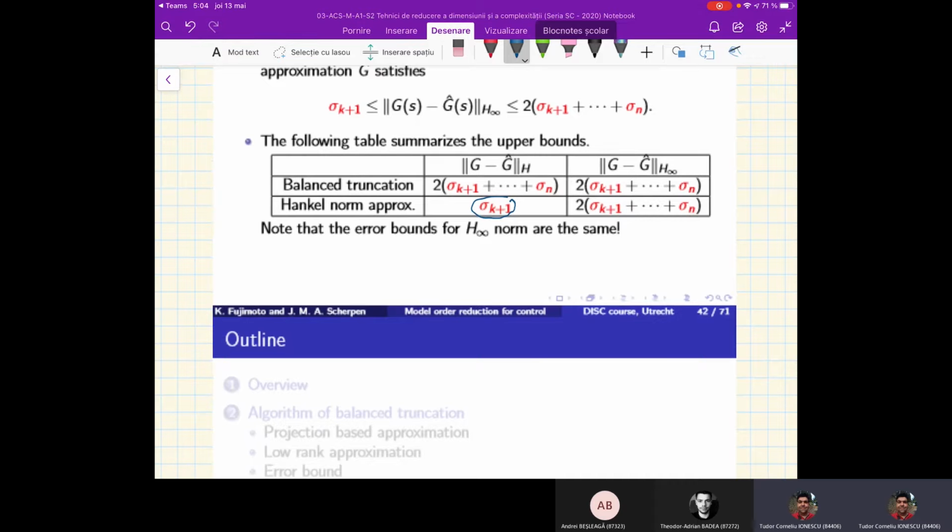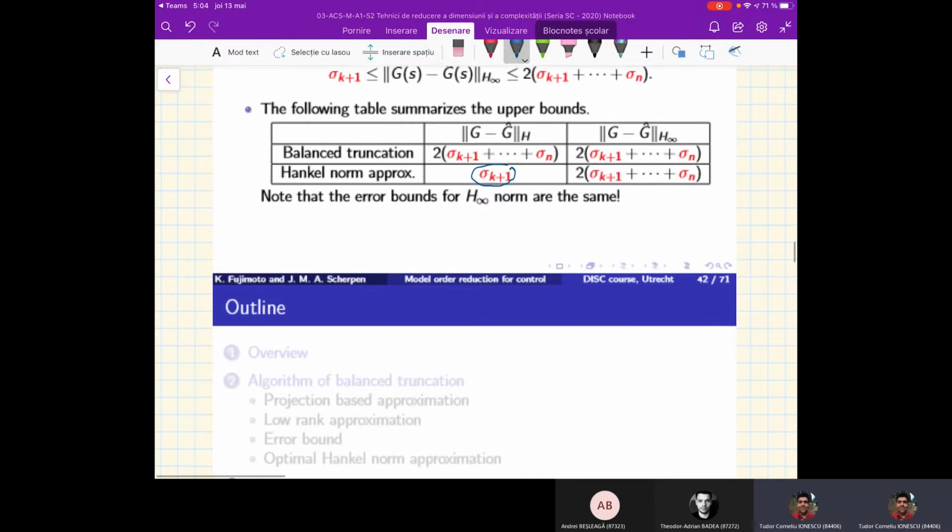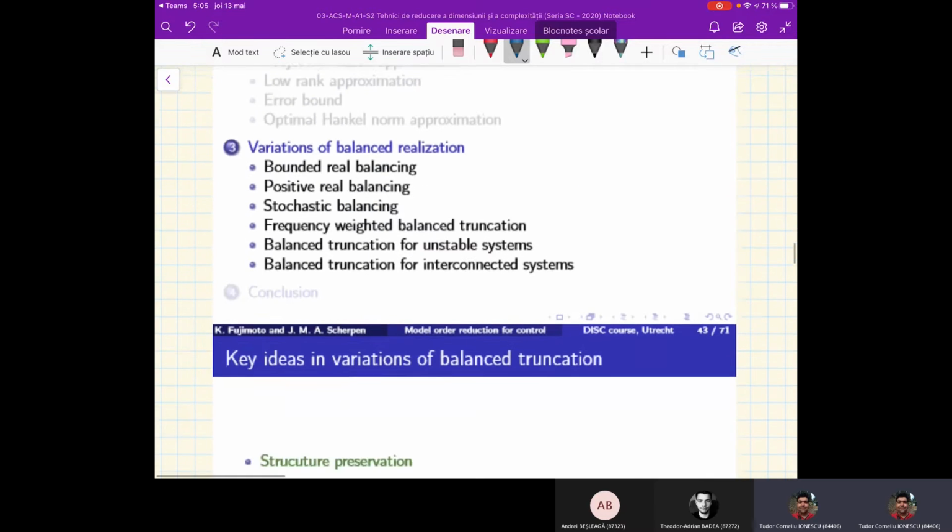Note that both in balanced truncation and Hankel norm approximation, the error bounds for the infinity norm are totally identical. So why put so much effort? They are essentially solving the same problem, even if they are not explicitly exhibiting that.